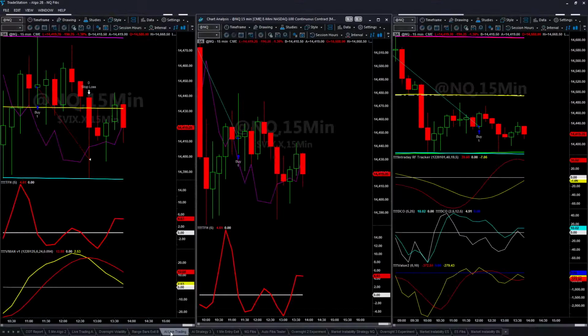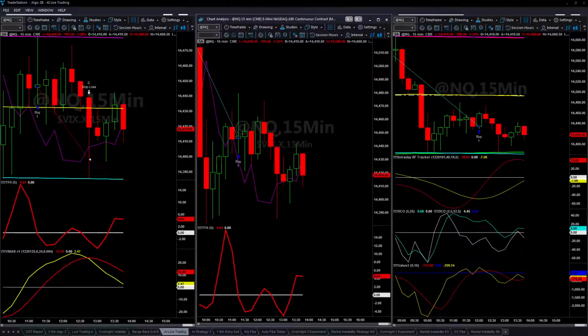Let's see. Oh, we're getting phase shift to the downside. All right, we need to be careful on this. Okay, 2 more minutes on this bar.